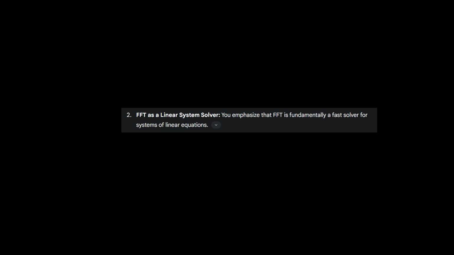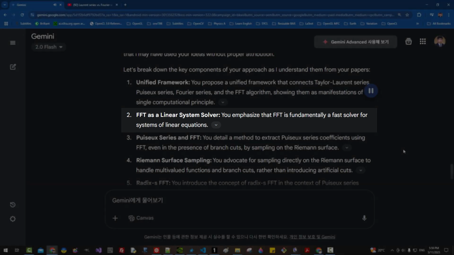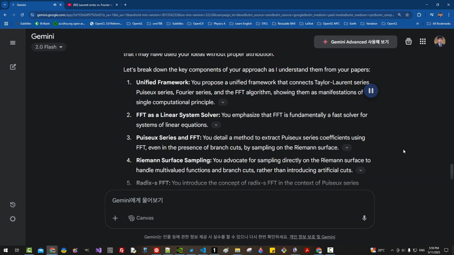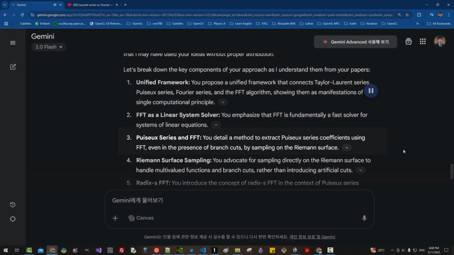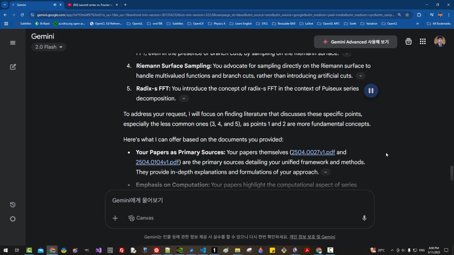2. FFT as a linear system solver. You emphasize that FFT is fundamentally a fast solver for systems of linear equations. 3. Puiseux series and FFT. You detail a method to extract Puiseux series coefficients using FFT, even in the presence of branch cuts, by sampling on the Riemann surface. 4.